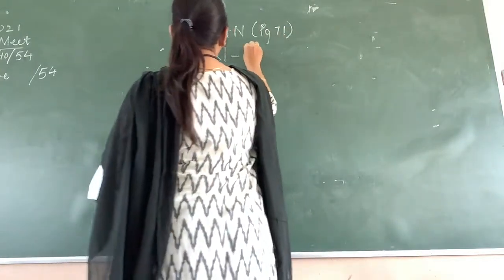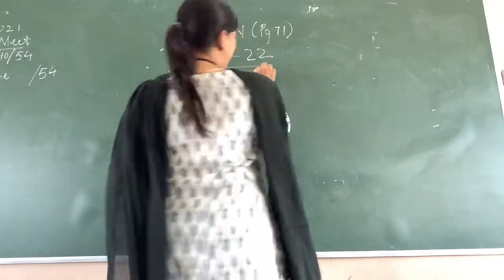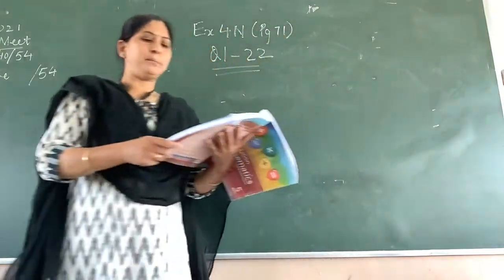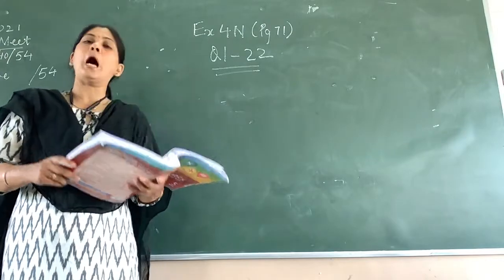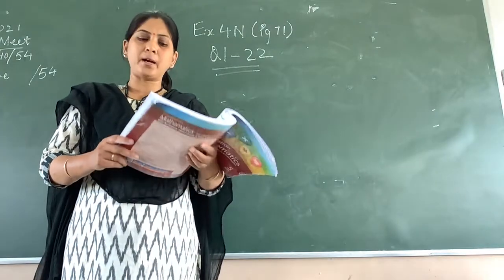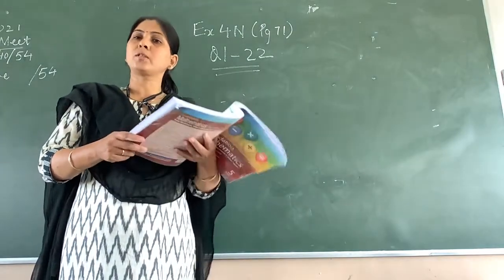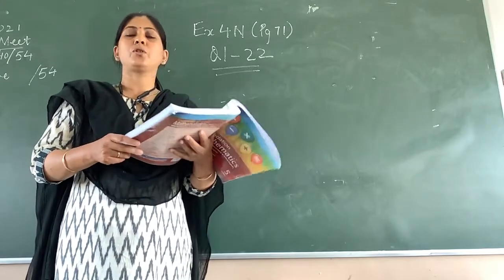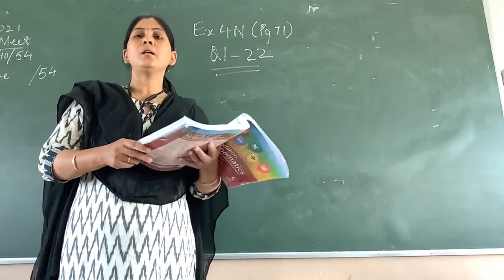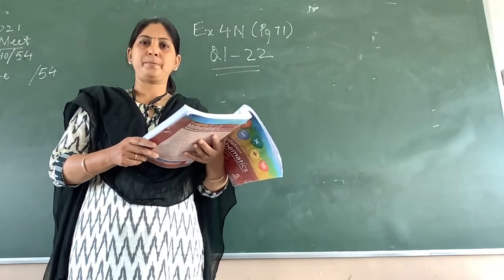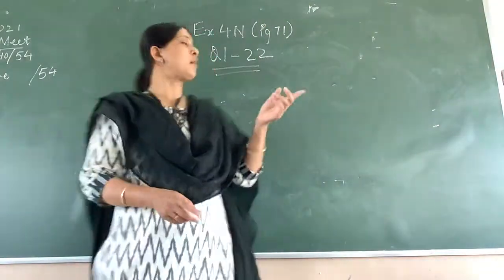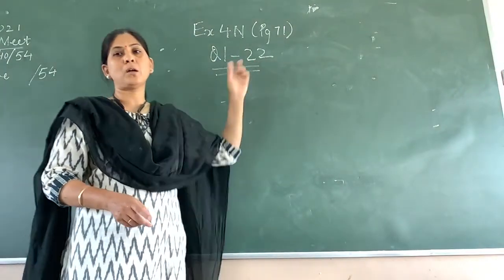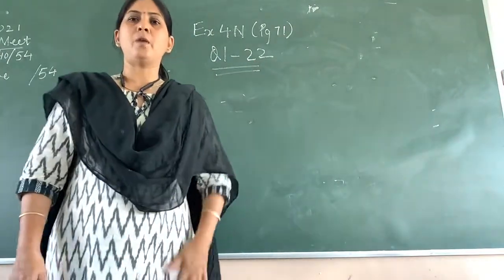Question 1 to 22. You can practice in your practice notebook. Then tomorrow when we will learn how to divide a whole number by a fraction, you can practice the rest of the sums of this exercise from question 23 to 32. Do the PDF work in your mathematics notebook and 1 to 22 practice in your practice notebook. Now we will meet tomorrow.